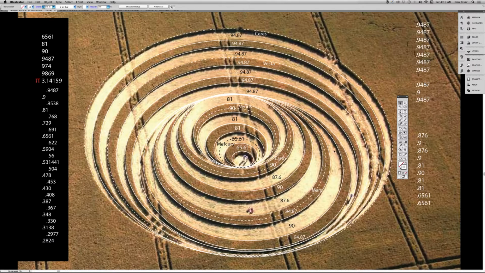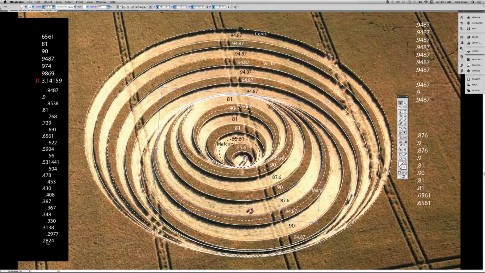But while we're here, this circle is a 6561 down from Vesta, and this circle is a 2824 from Jupiter. So if Jupiter is 1, then that is 0.2824 to it.